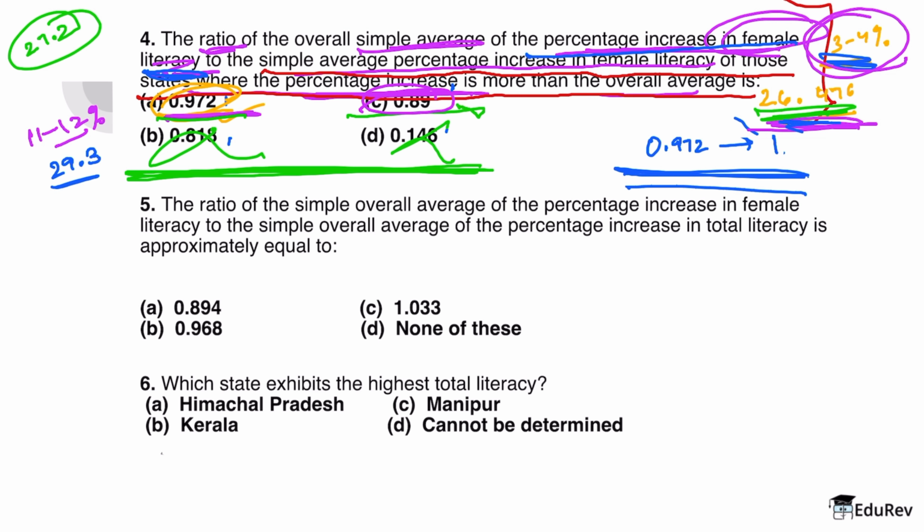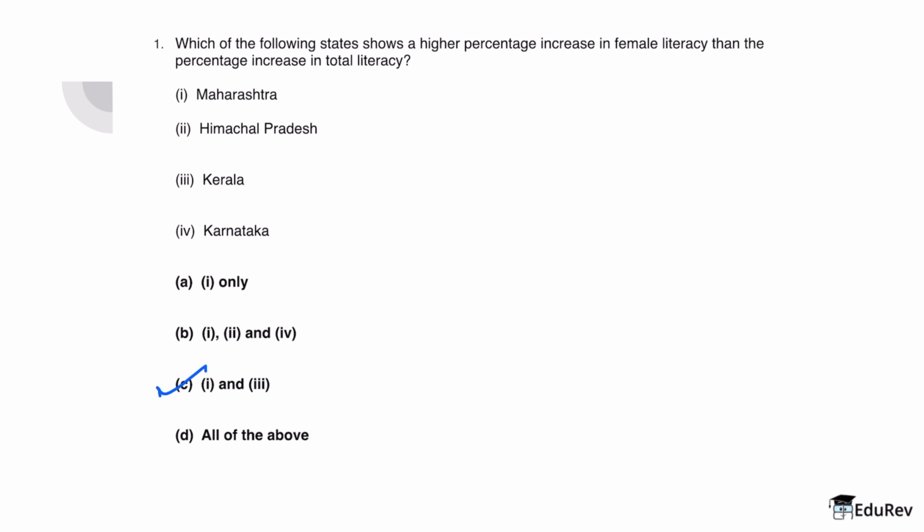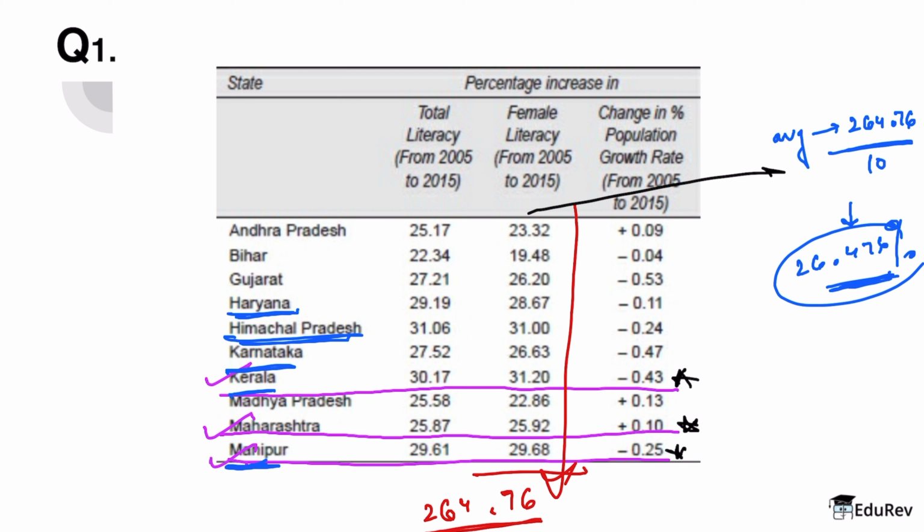Now taking a look at the 5 values of the percentage increase in the female literacy rate, we can see what the average of all those numbers is. Let me find those numbers for you. Those numbers were 28.67, 31.00, 26.63, 31.20 and 29.68.